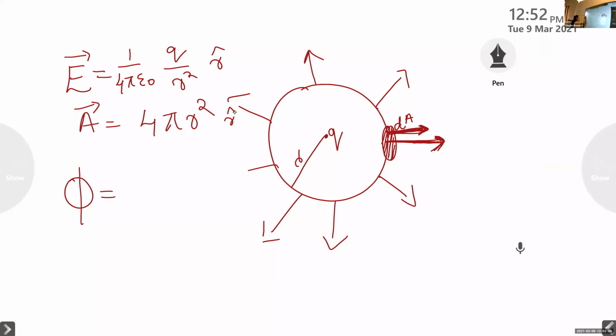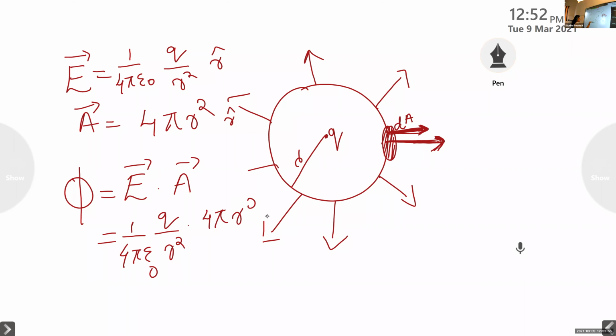So when we substitute into phi is equal to vector E dot vector A, we have 1 by 4 pi epsilon 0 Q divided by R square into 4 pi R square. Cancel the like terms, 4 pi and 4 pi, R square and R square.